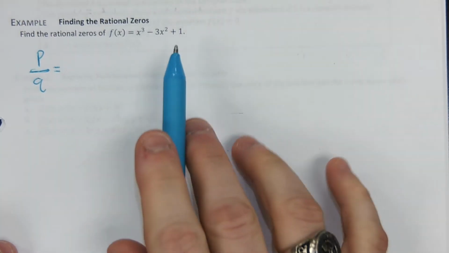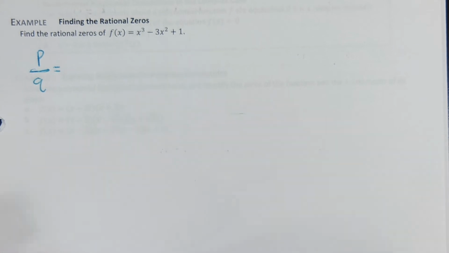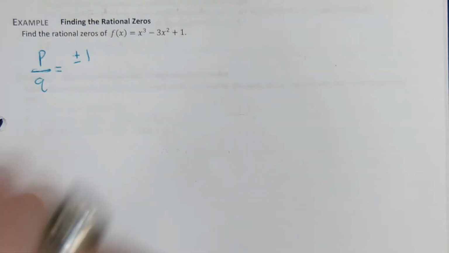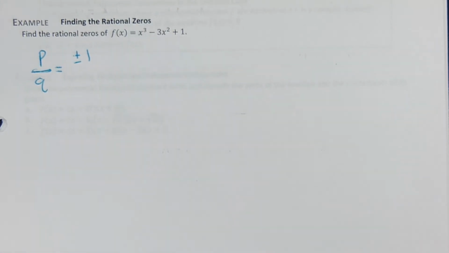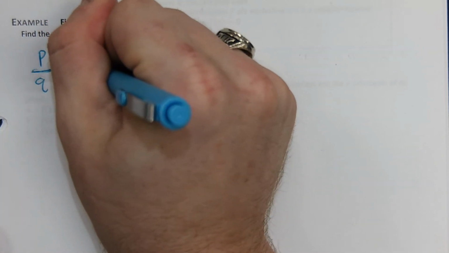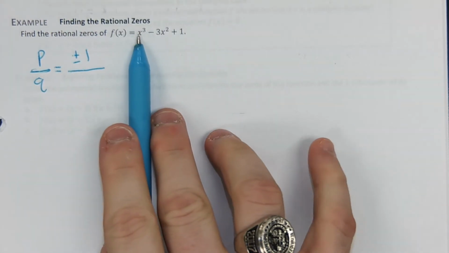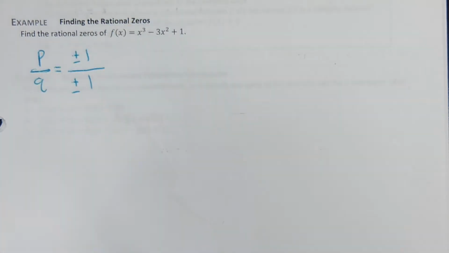So we look at this number at the end, which happens to be positive 1. It has 2 integer factors, positive and negative 1. Those are the only factors of this number right here. And since our leading coefficient is 1, its integer factors are also just plus or minus 1.